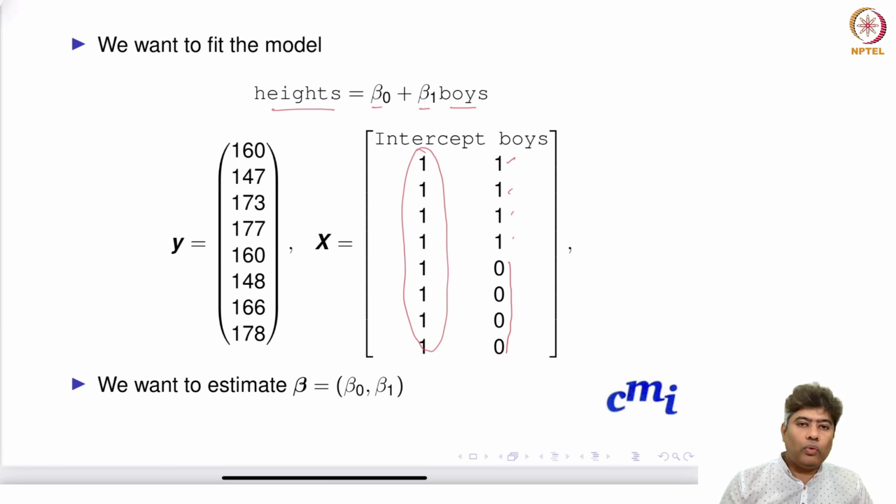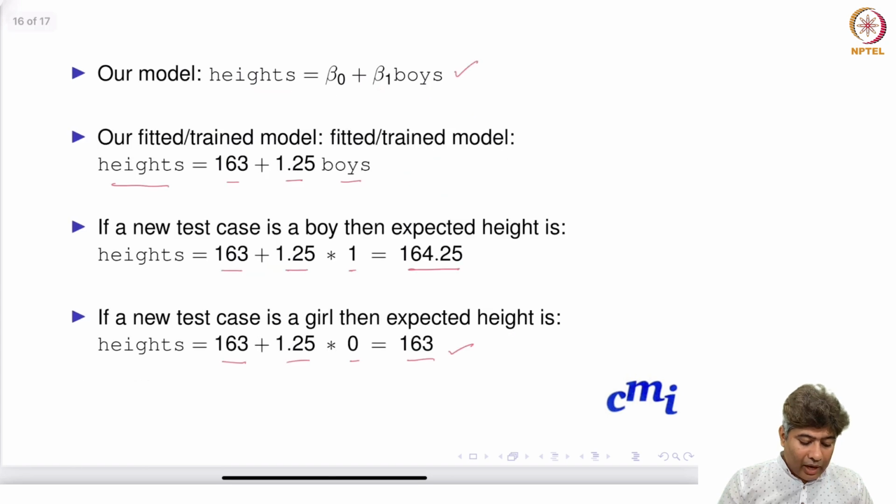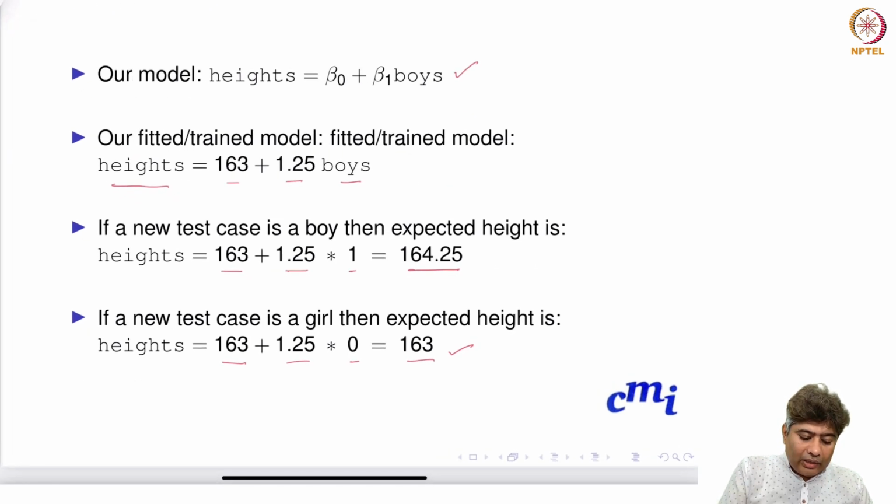You can do it for the girls also. It will be a nice exercise to do it for the girls and check what the intercept value and the beta 1 value are, and whether you finally get the same answers or not. Check it out, and we'll get back in the next video.